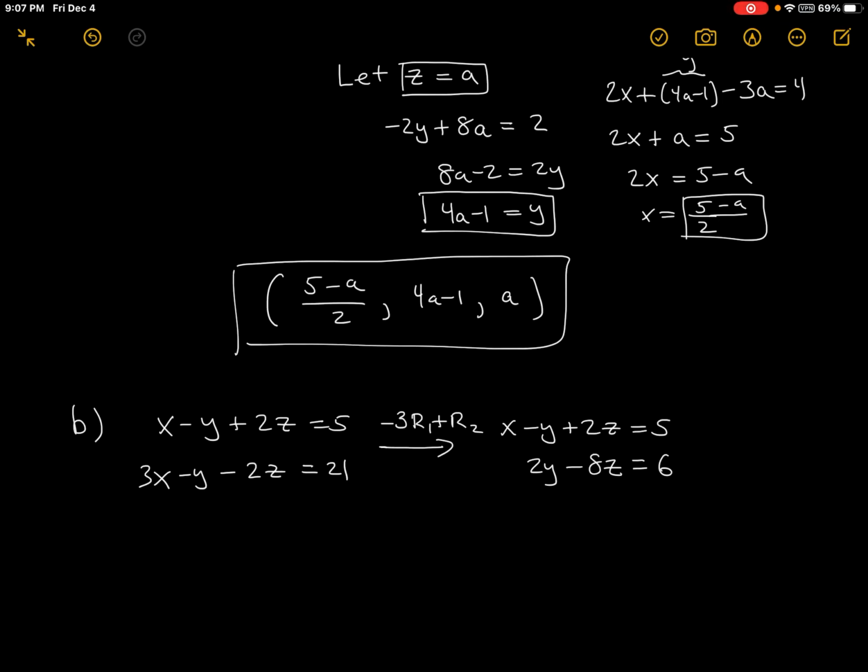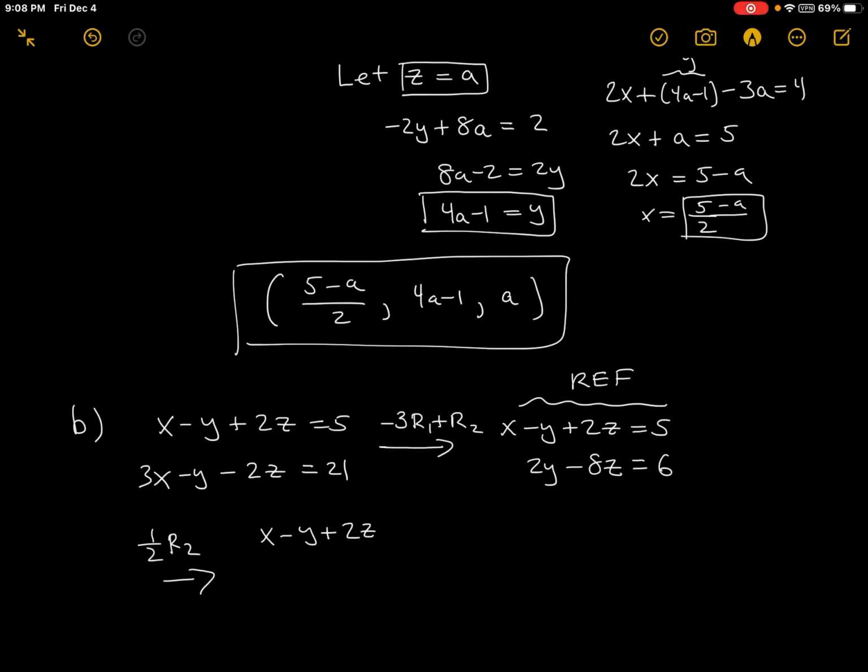If you want, just to make things a little bit easier, later on we're going to go over something called row reduced echelon form. The row reduced echelon form basically has all the leading coefficients as 1s. This is technically an REF already, but just for the sake of making things a little bit easier, I'm going to do one last step: 1/2 times row 2.